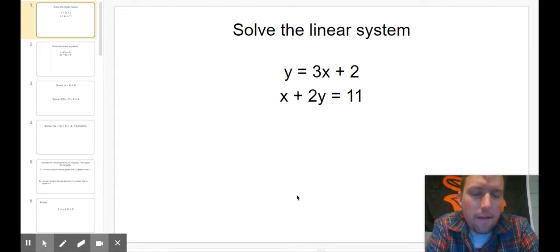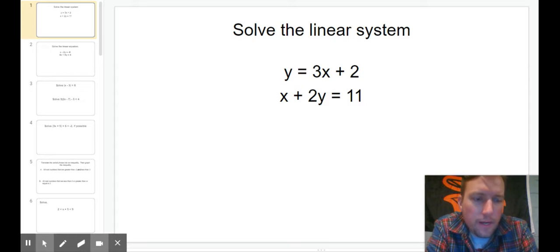We are making the move away from absolute value. And what we're going to start working on is solving linear equations. This is actually called a system of equations because we have two equations here, y equals 3x plus 2, and x plus 2y equals 11.